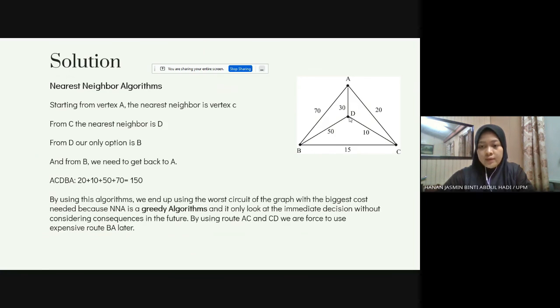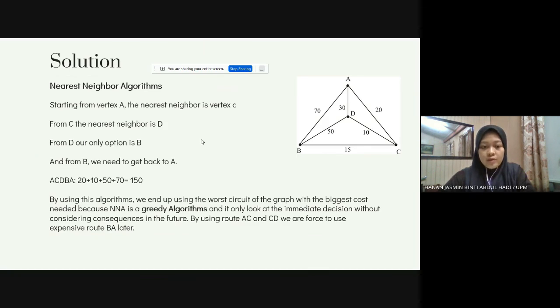So we choose D. From D, our only option is B. We cannot choose A because it will not form a Hamiltonian circuit. It must go past B. So from D, we go to B, and to complete the circuit, we need to get back to A. The result of the circuit is A, C, D, B, A, and the total weight is 150.